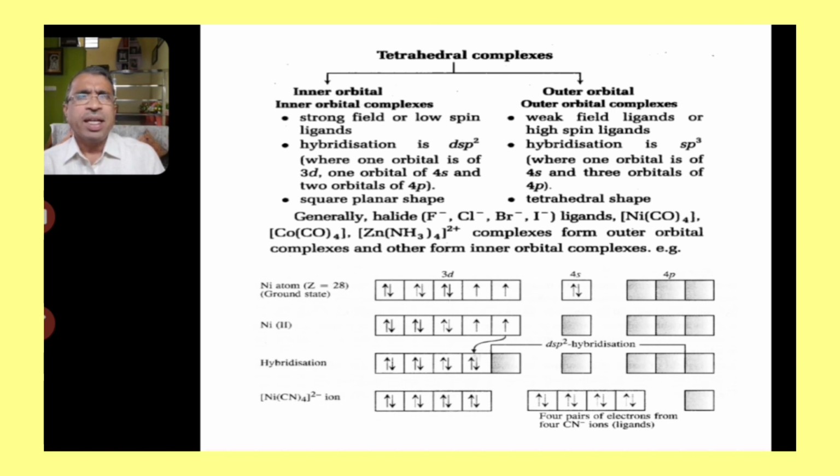That is, it gives dsp2 hybridization, and generally these complexes are square planar. And this inner orbital complex results when the ligand is a strong field ligand. For outer orbital complexes, generally the ligand is a weak field ligand and it gives sp3 hybridization, and the geometry will be tetrahedral.